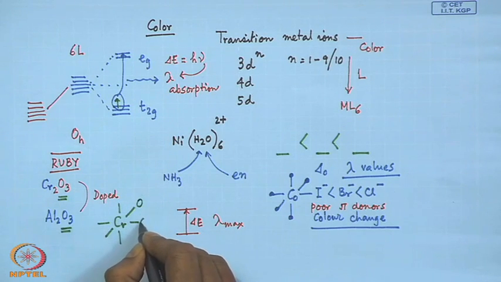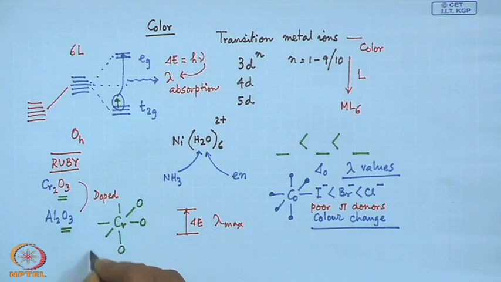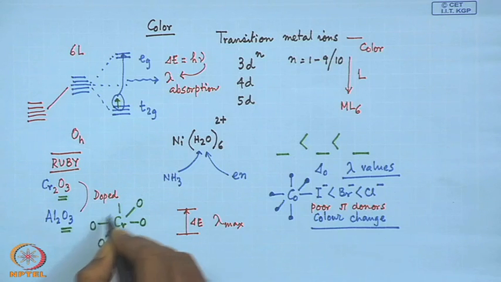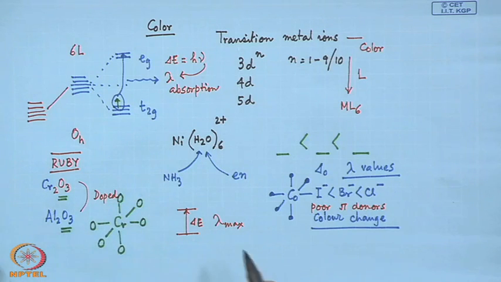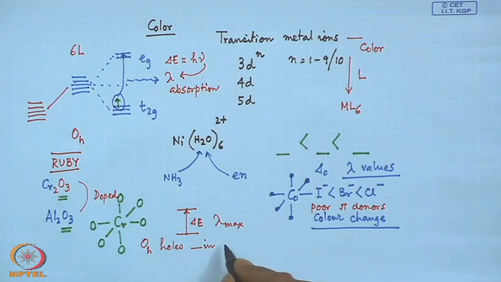So, we have a nice octahedral field which is made up of 6 oxygen atoms of the oxide lattice, because basically in the solid state all of them are filled with oxide lattices, and we can generate some cavities or holes in the solid state structure.